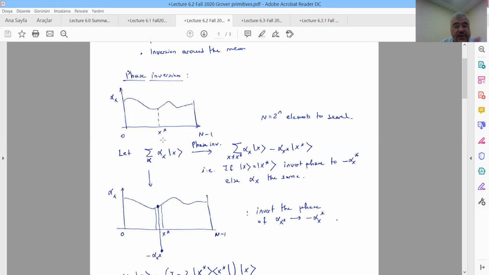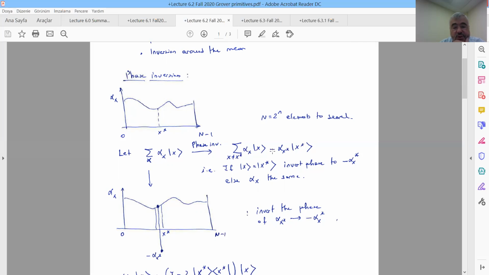from plus to minus. In other words, if the input is the sum over all x of alpha sub x ket x, and you apply a phase inversion to this, then you invert the phase of alpha sub x star, which corresponds to the solution we are seeking, ket x star.